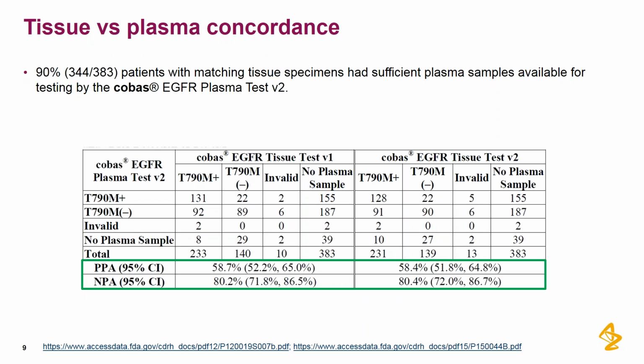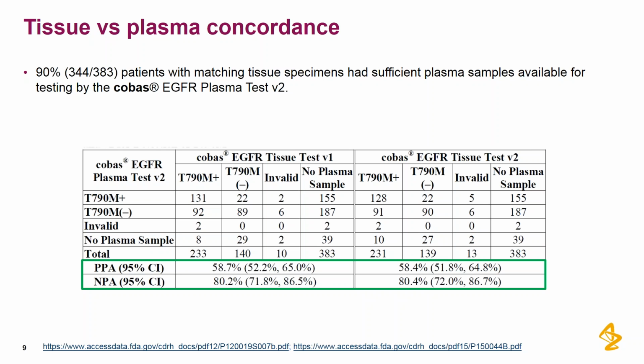First of all, we had to consider how many patients provided us with a plasma sample for which we had matching tissue specimens, and we were fortunate that 90% of the screening patients also provided us with a plasma sample which was available for testing.